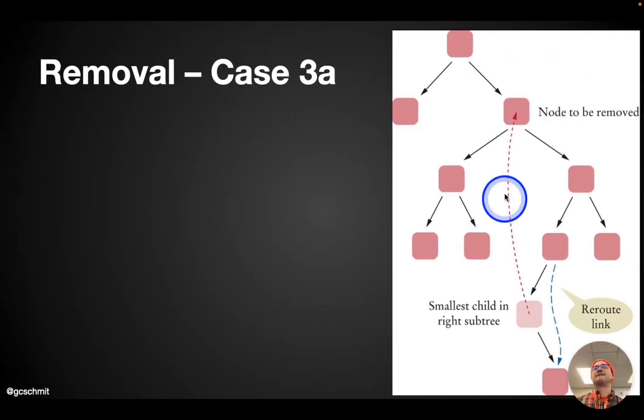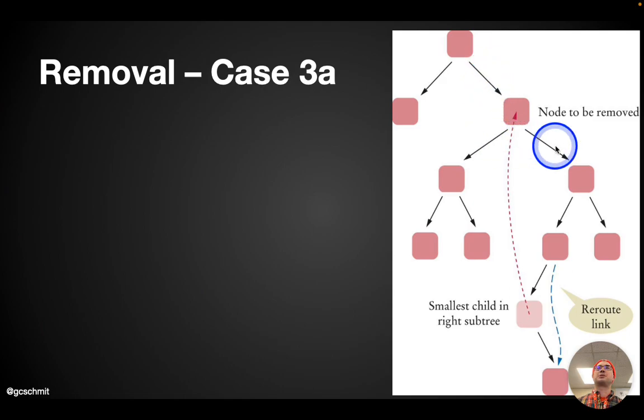Let's look at the picture again. We could change this link here to refer to here, change this link here too, and then for this node, change its right child to point to here and change its left child to point to here.